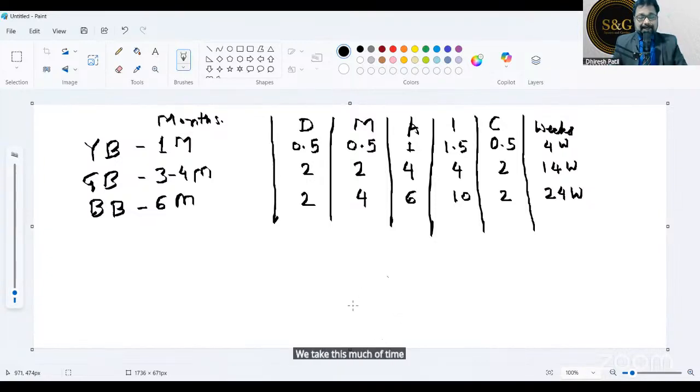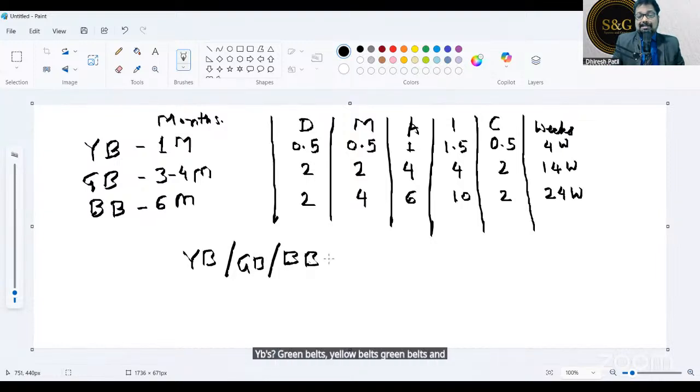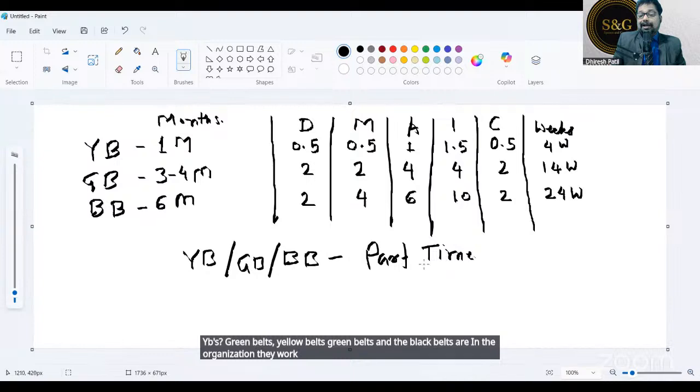The biggest reason is, understand this, generally yellow belts, green belts, and the black belts in the organization work on the project on a part-time basis. Make a note of this.